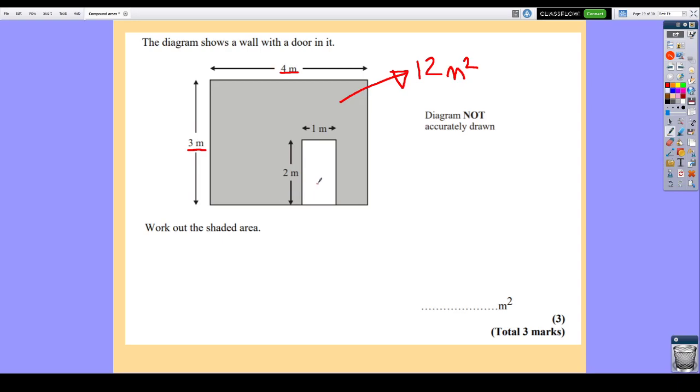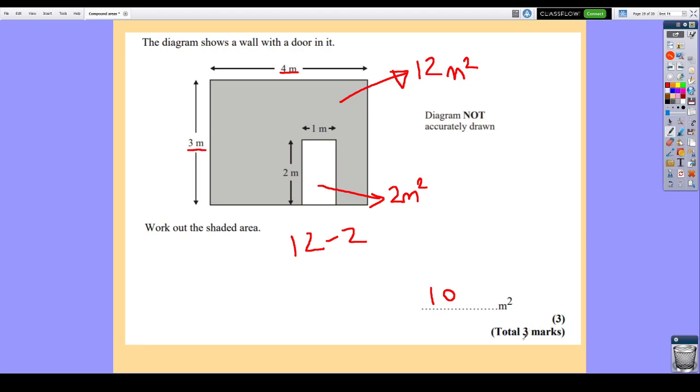And we've also got the area of the door, and this is going to be a rectangle that's 2 times 1, so that's 2 metres squared. But in this case, as we said, the door isn't part of the wall, so we need to actually remove the door's area from the wall's area, so we actually need to do 12 minus the 2. So here we get our 10 metres squared for our answer for this.